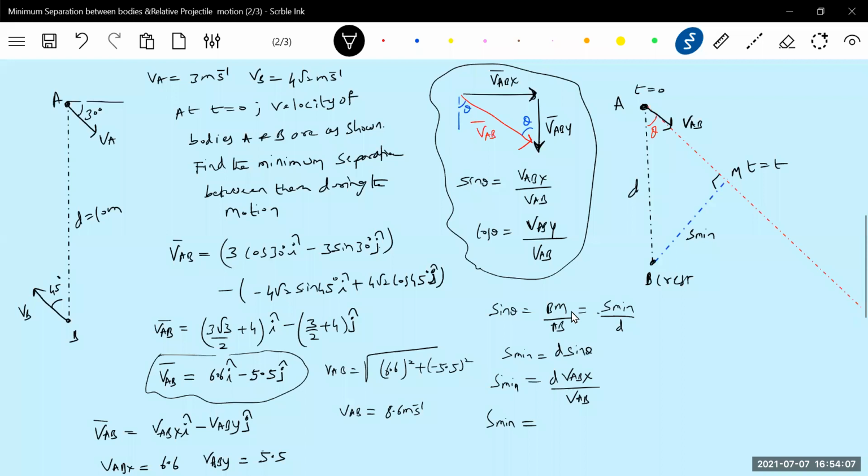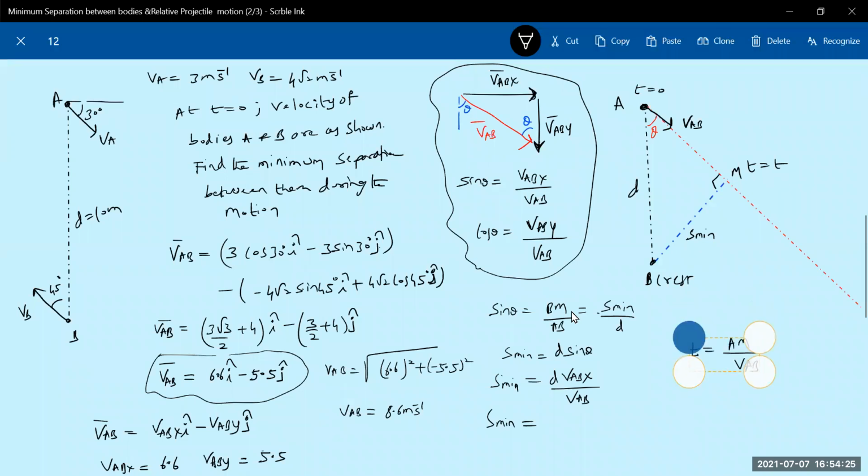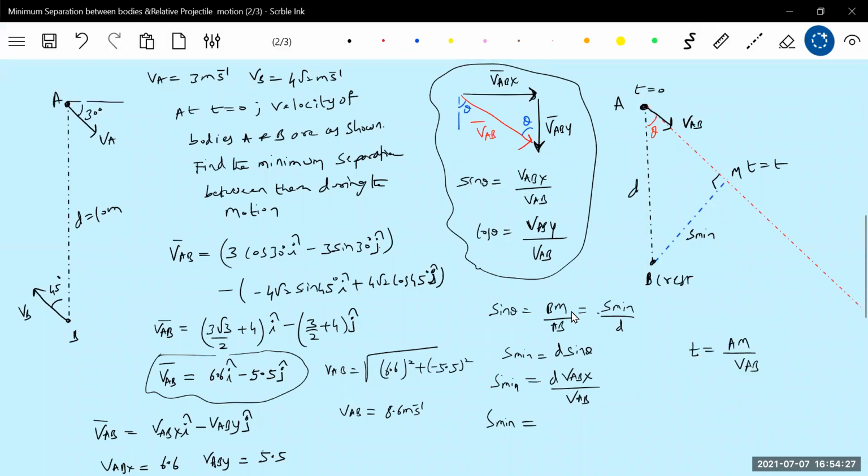Similarly, what is the time at which it will be minimum? It will cover a distance AM. T is equal to AM by VAB. What is AM? For that we go to one more triangle. Cos theta equals AM by AB.